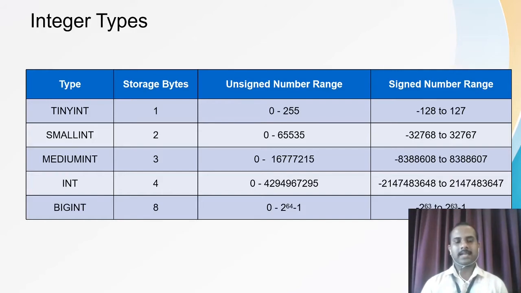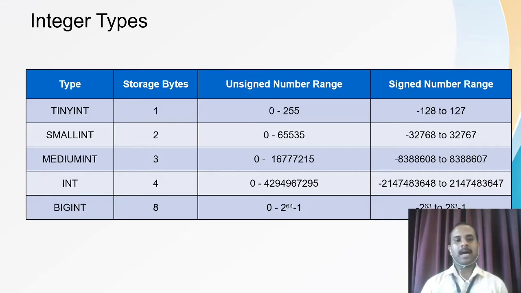For the unsigned number range, the lowest value will start with 0 and the highest value depends on the storage bytes used. For example, tiny int uses 1 byte, so 8 bits.